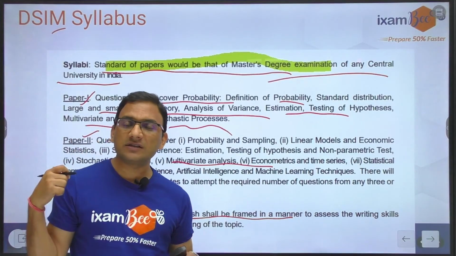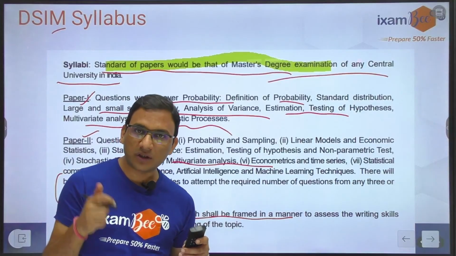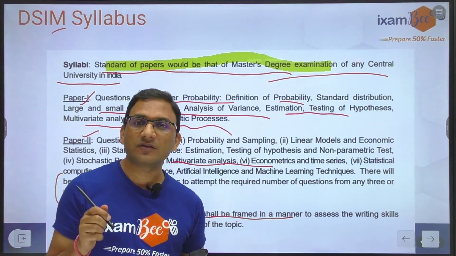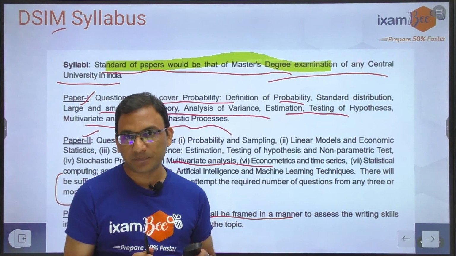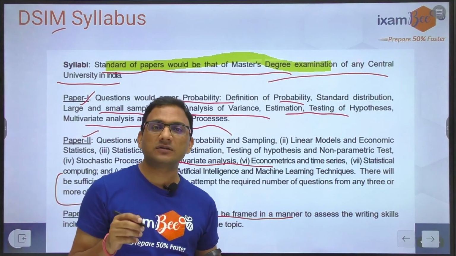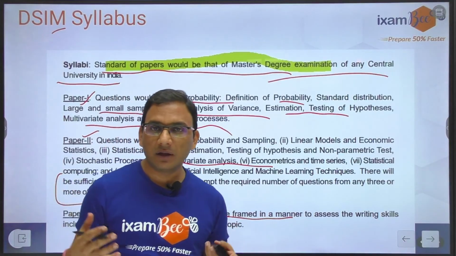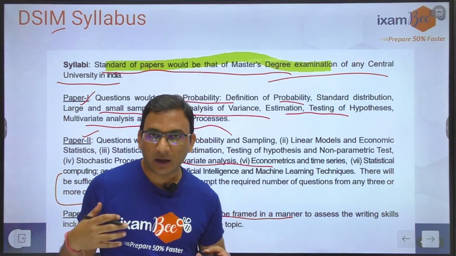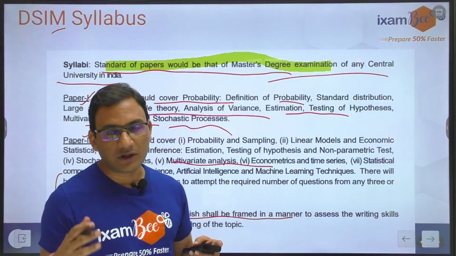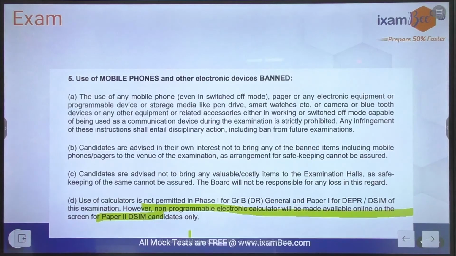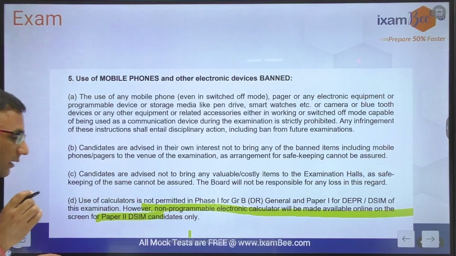In all these, DSIM and DEPR, one thing you will also find in the notification is that they are giving preference to MPhil and PhDs. So if you have experience of working in research or maybe teaching also, all post-qualification experience is going to be helpful here, and it is also going to be helpful in your written exam.